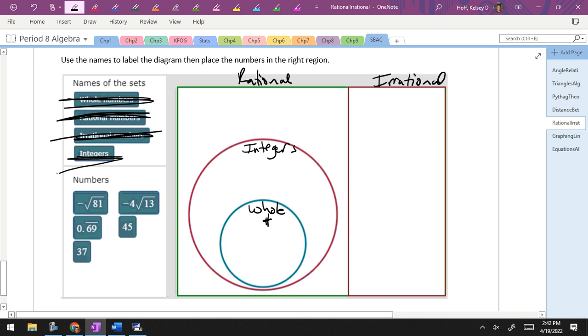Okay? Take these and write them in the correct category. We'll go over them together. There's 5 numbers there.